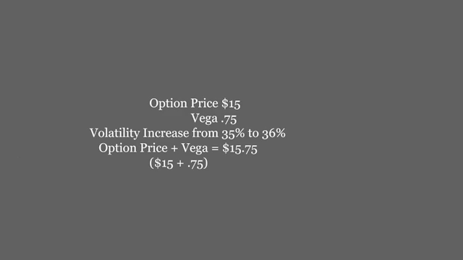So you're going to multiply that times 2. Why did I say 2? Because volatility decreased 2 percentage points. So you multiply the Vega measurement times 2. That gives you $1.50. And so you subtract $1.50 from the $15 option price. That is how you get your Vega measurement.